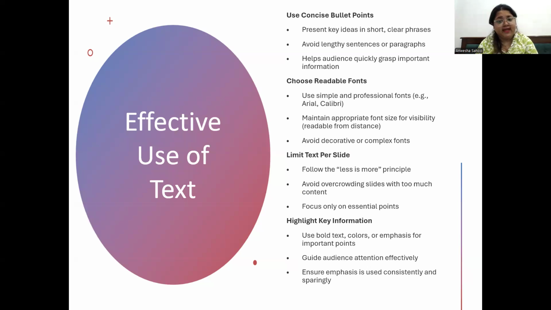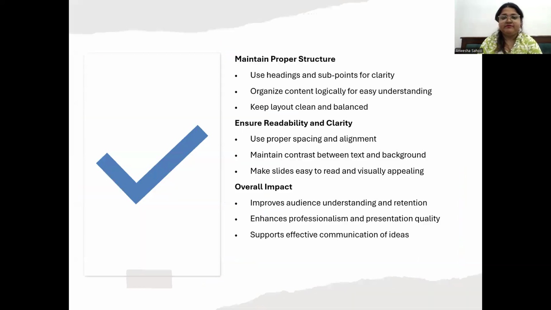Use bold text, use colors, or emphasis for important points. Guide audience attention effectively. Don't load the audience with too much information. Ensure emphasis is used consistently and sparingly. So, usage of text is very important in your presentation to become an effective presenter.